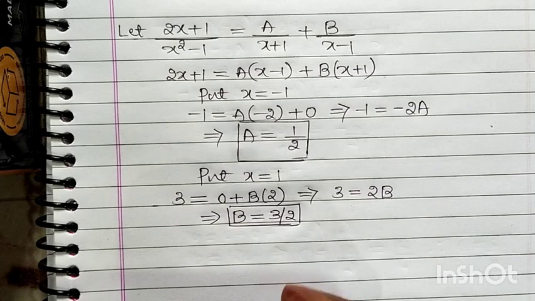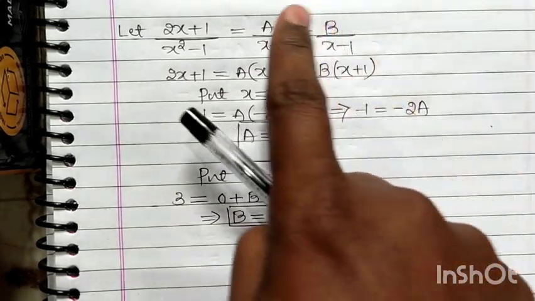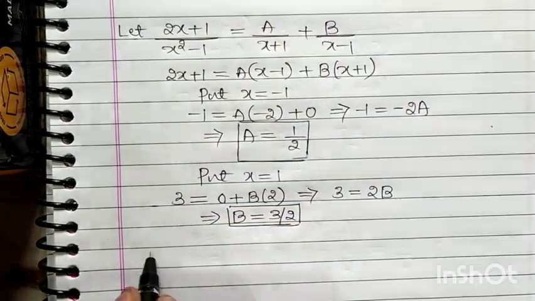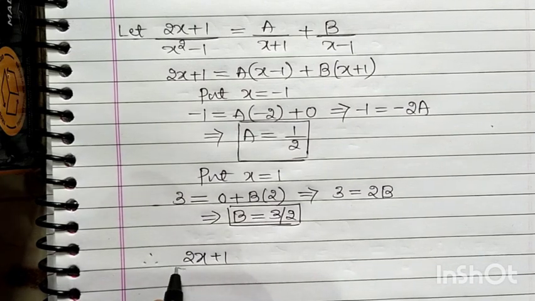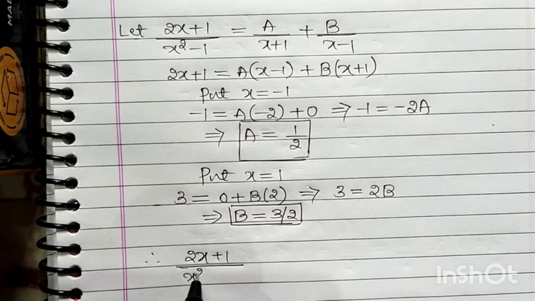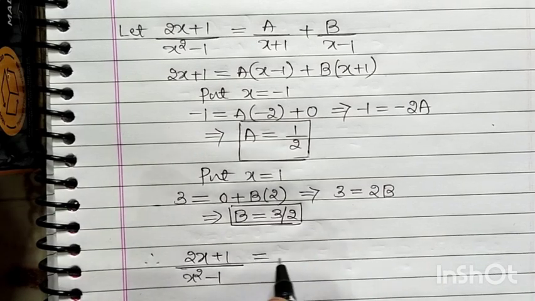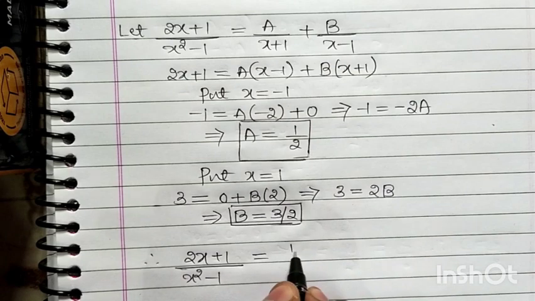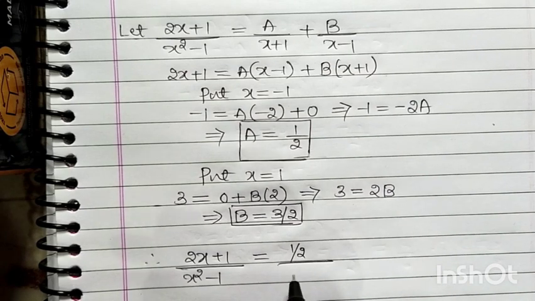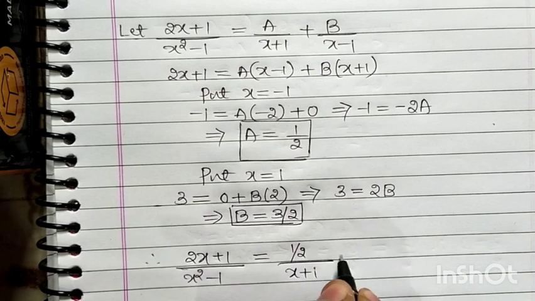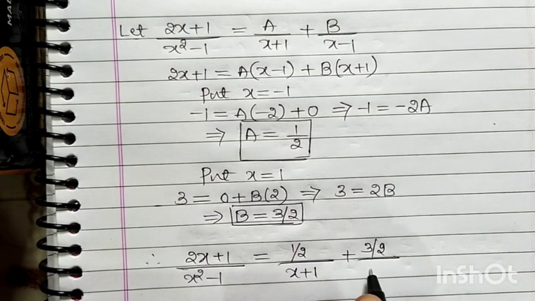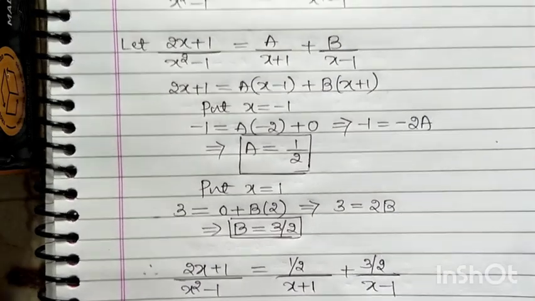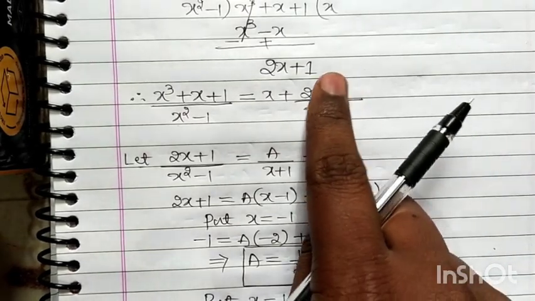Now we have to substitute the values of a and b in this particular equation. Therefore 2x plus 1 divided by x square minus 1 is equal to a value, it is 1 by 2, divided by x plus 1 plus 3 by 2 divided by x minus 1. So now in this equation we have to replace this.